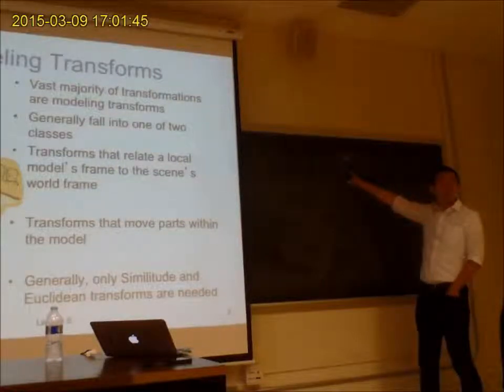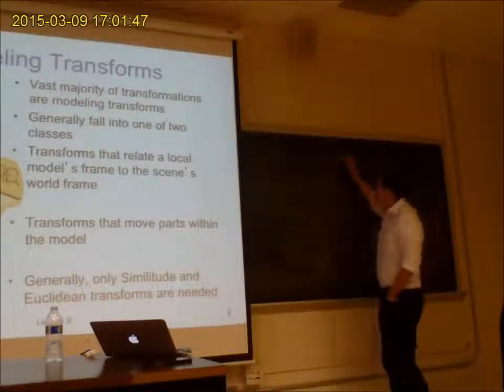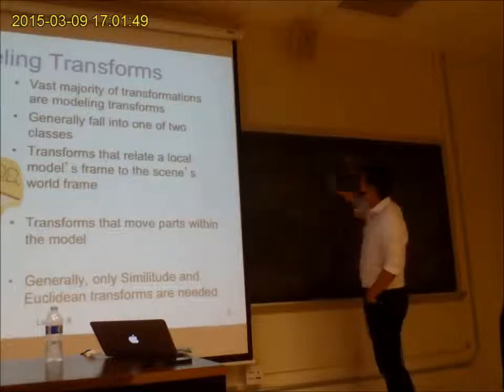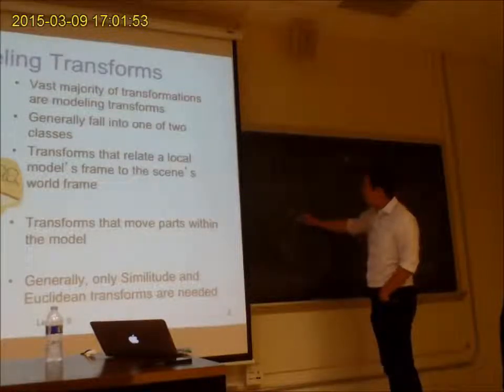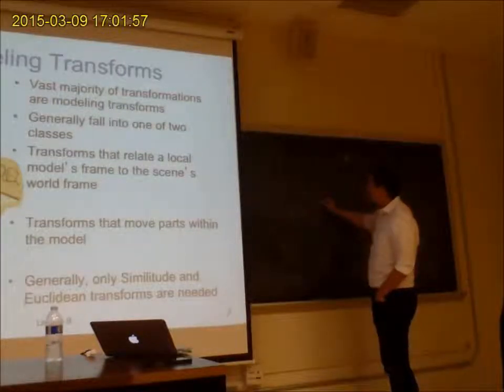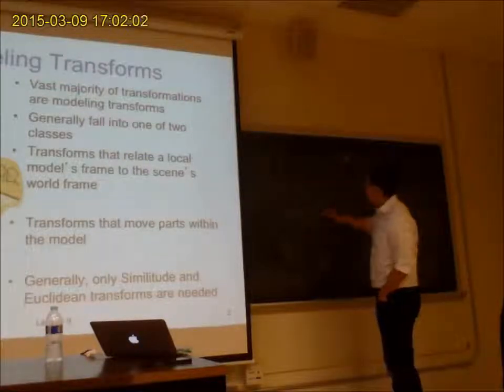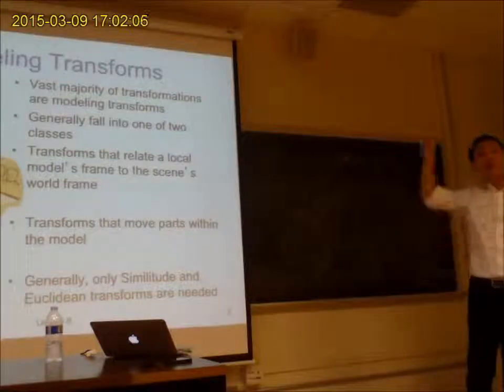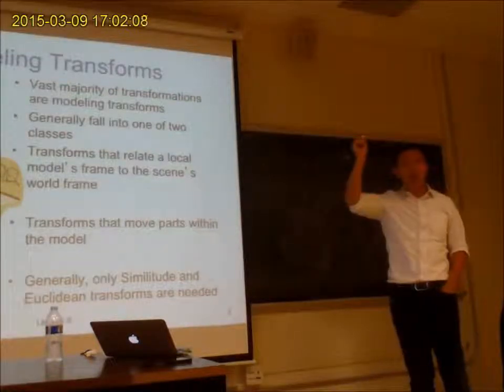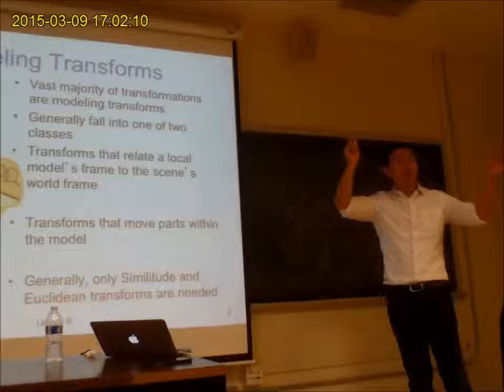Does that make sense? Okay? And it's looking at a point. It's called look-at X, look-at Y, and look-at Z. It's looking at a 3D point. My eye is at a 3D point, and it's looking at a 3D point.